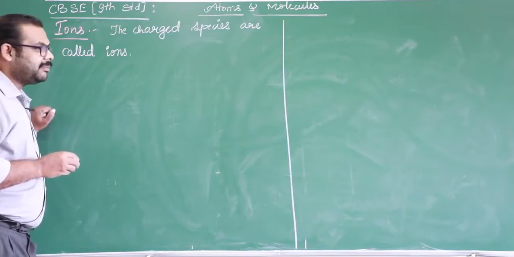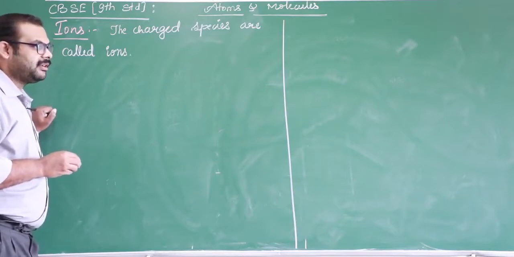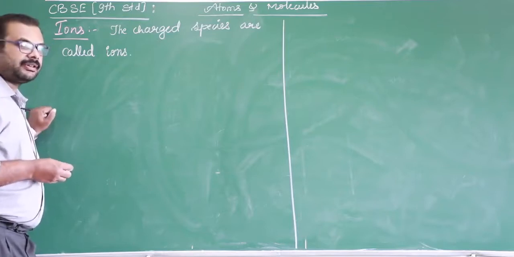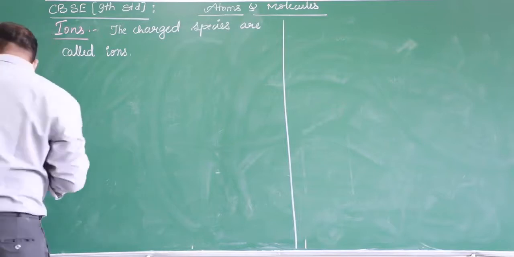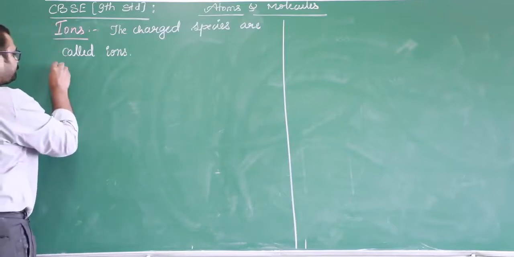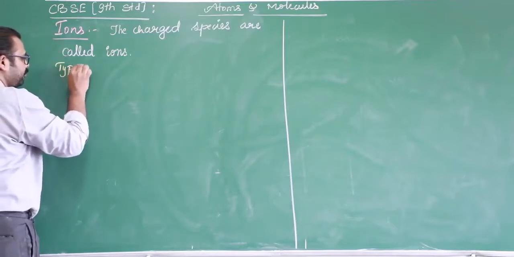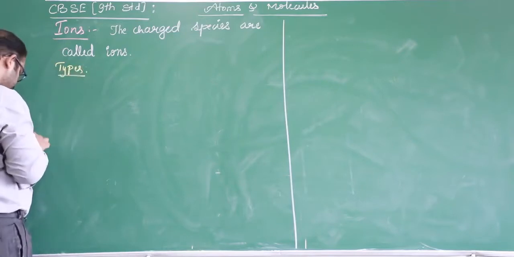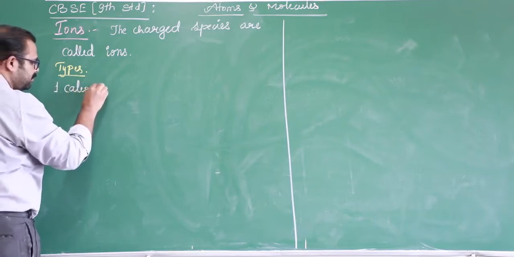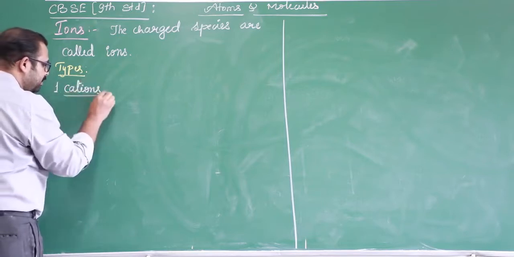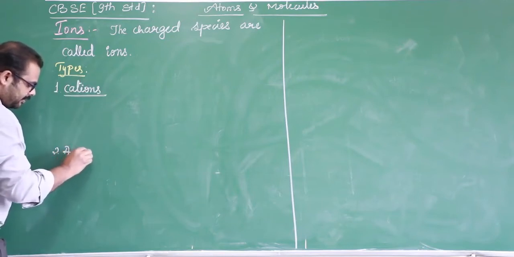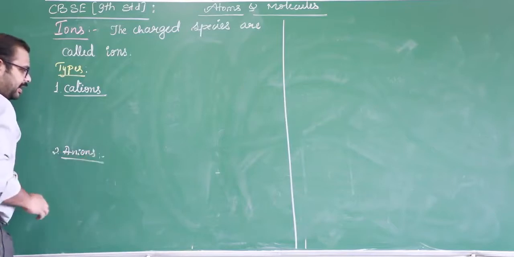Depending upon whether the atoms of an element have positive or negative charges, these ions are further classified into two types: cations and anions.